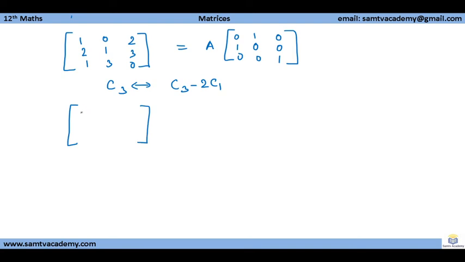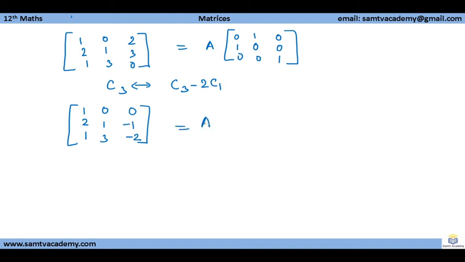So column 1 will remain the same, column 2 will remain the same. We have to perform it in column 3. So C3 is replaced with C3 minus 2 C1. So C3 is 2 minus 2 C1, that is 2, it will come 0. 3 minus 4 will become minus 1, and 0 minus 2 will come to be minus 2.